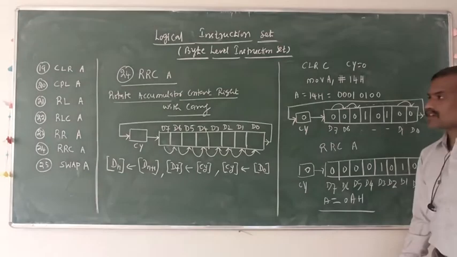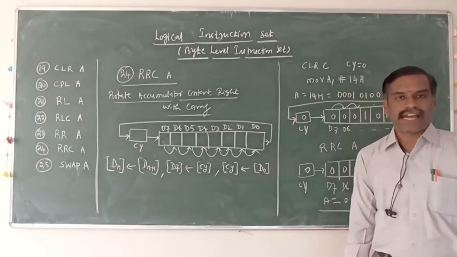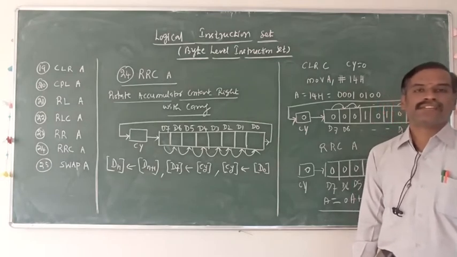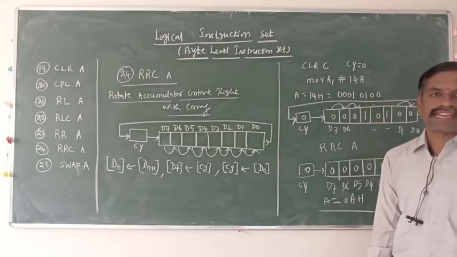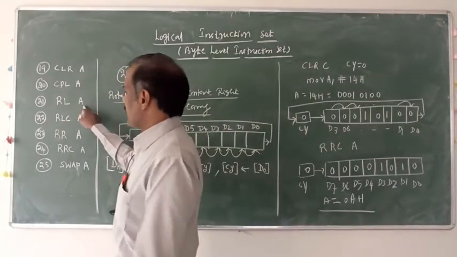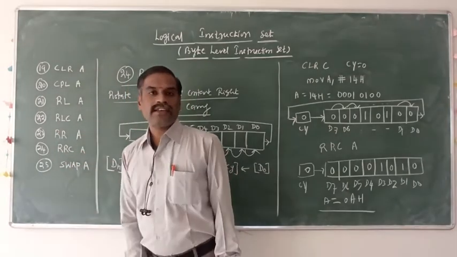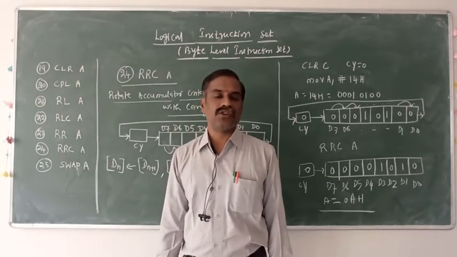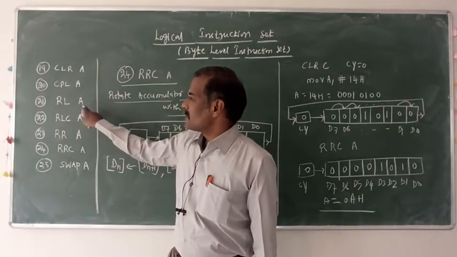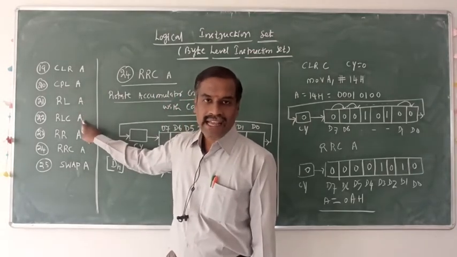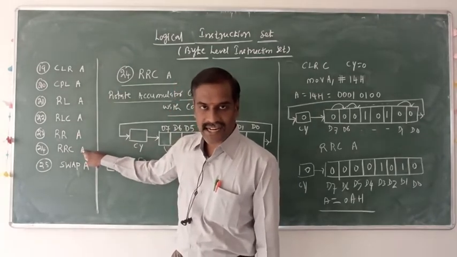This is the operation of RRCA, rotate accumulator content right with the carry. It will move the single bit position towards the right side. RLA, RLCA, RRA and RRCA: all the 4 instructions are related to rotate instruction. The first 2 are for rotate left and these 2 instructions are for rotate right.